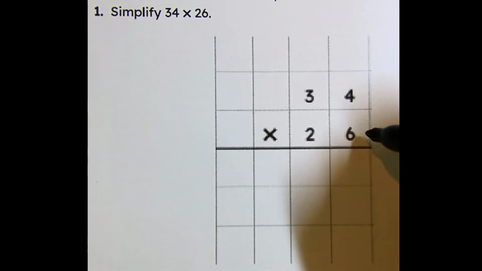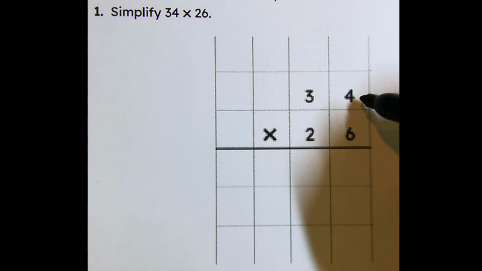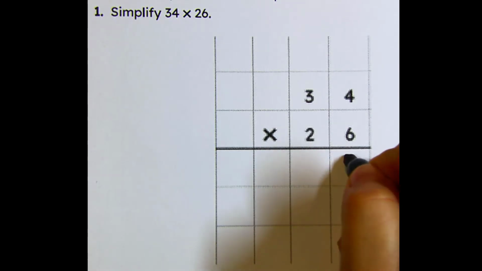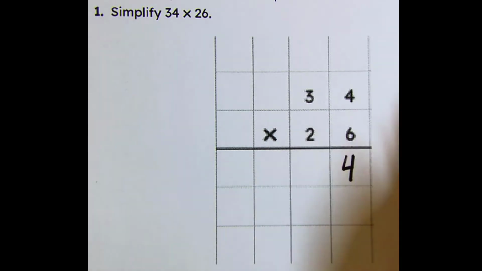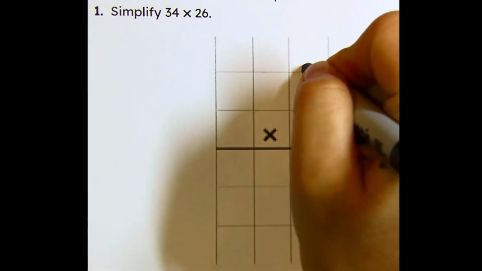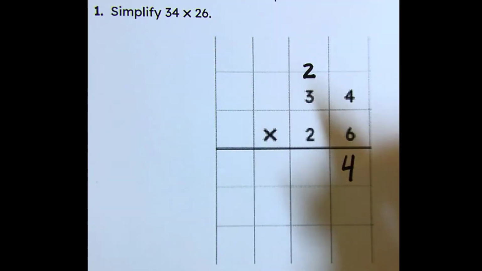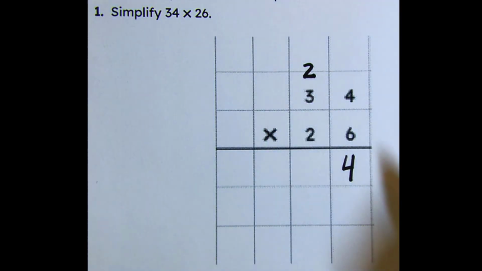So first, by 6 ones, ones times ones is ones, 6 times 4 is 24. Now 24 is the same as 4 ones and 2 tens, so I'm going to regroup that 2 to the next column because now I'm going to multiply and get tens.